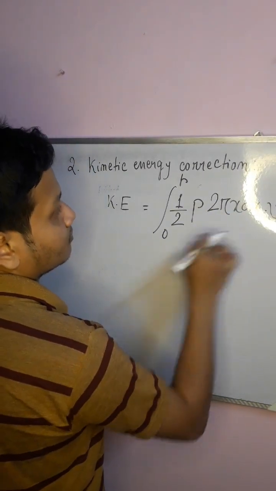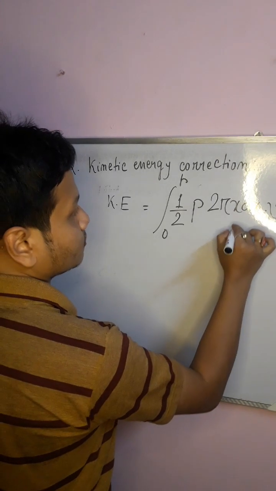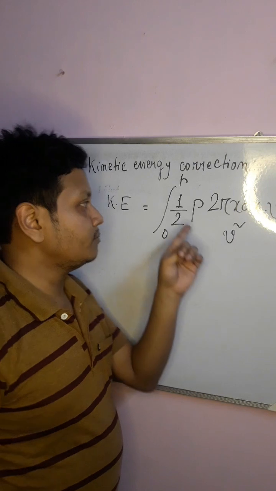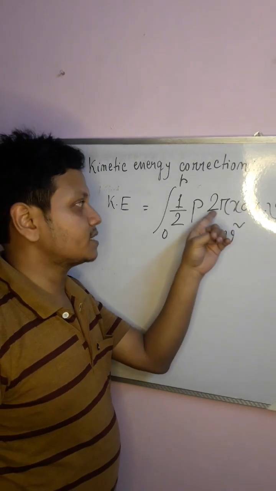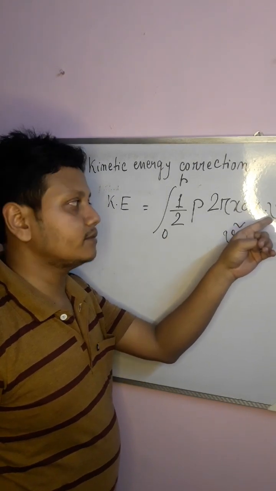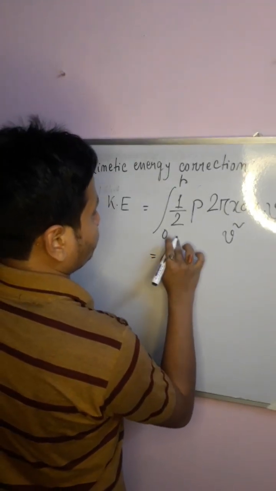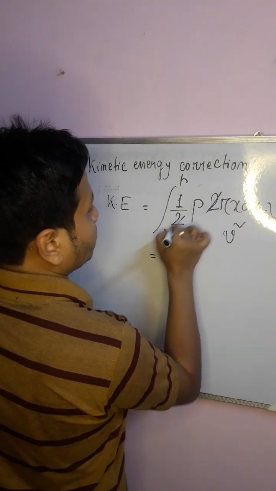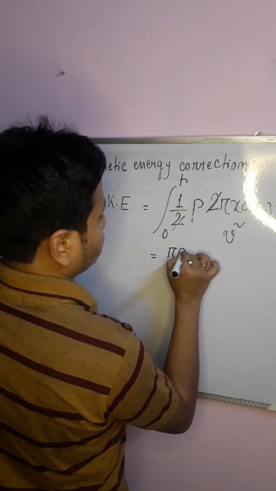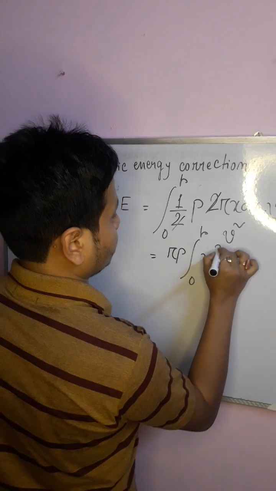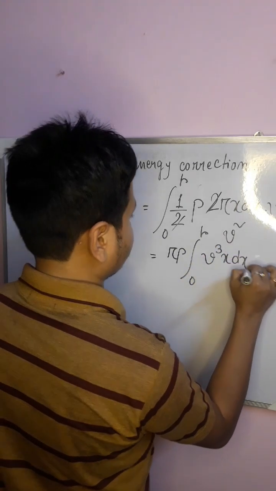So this is m, and this is v square. Half mv square, m means rho into v, v means elementary area multiplied by velocity. So 2 cancels, and pi rho is this, and this is simply v cube x dx.